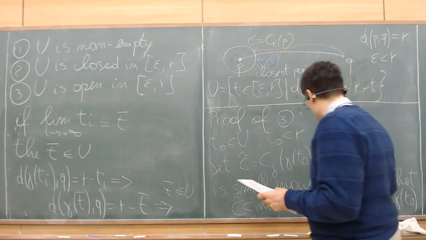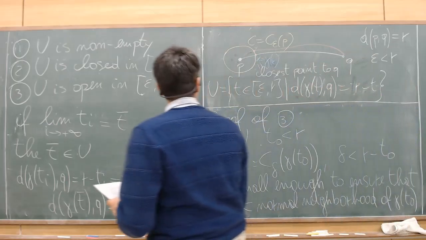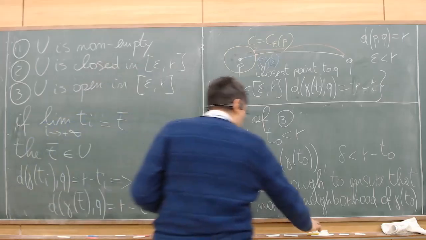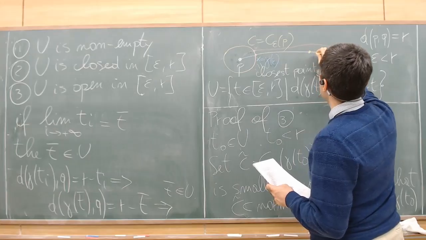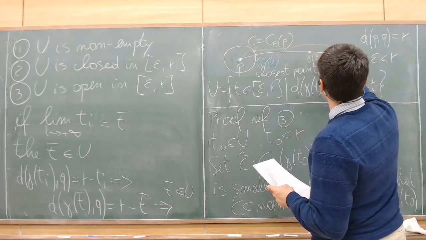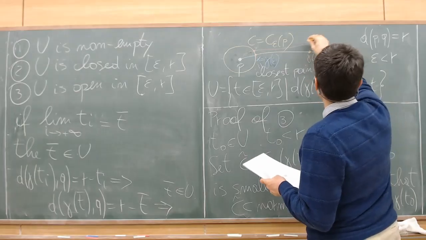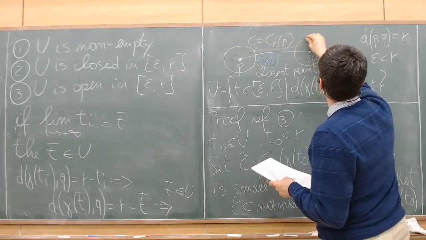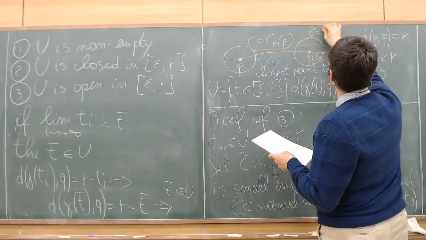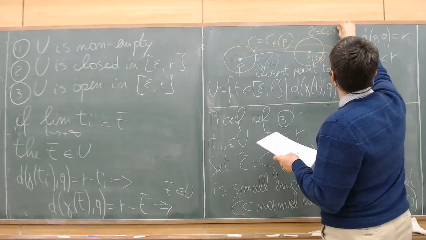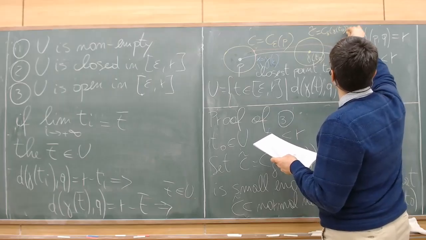So let's make a picture. This is gamma T0, for example, and this is C tilde equal C delta gamma T0.